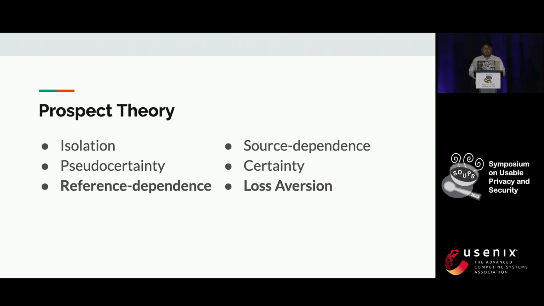The first is the reference dependence effect, which is the idea that you make one of the options neutral, and you use that neutral option as a baseline to compare the other option to. The second observation that we focused on was the loss aversion effect, which is the idea that loss feels more impactful than gain.